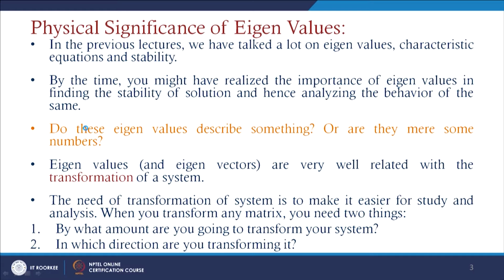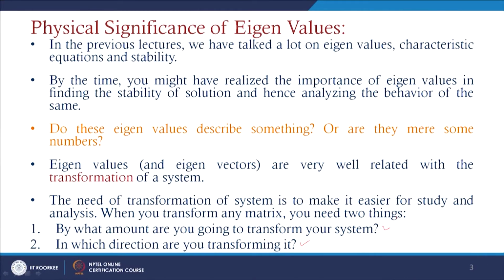The need for transformation of a system is to make it easier to study and analyze. When you transform any matrix, you need two things: by what amount you are going to transform your system, and in which direction you are transforming. Considering these two points, we can study the behavior of the system represented in the form of a matrix.